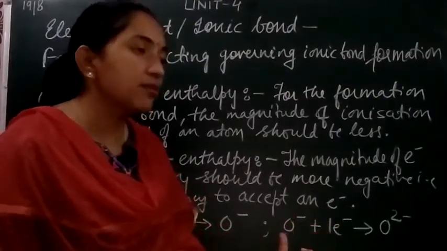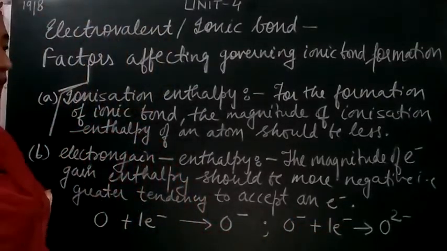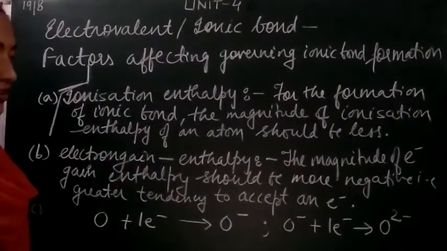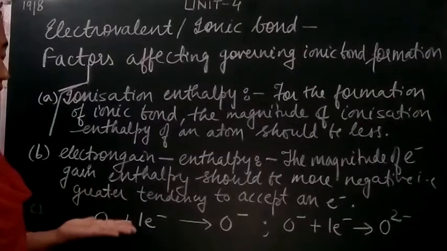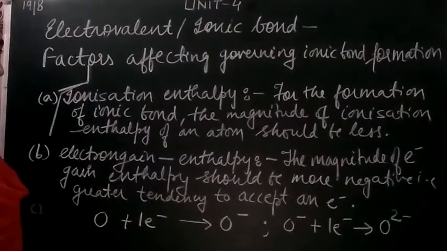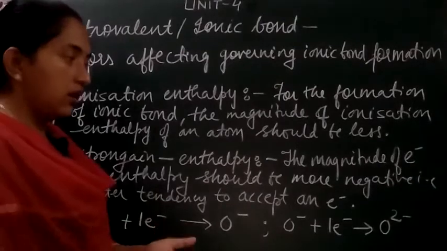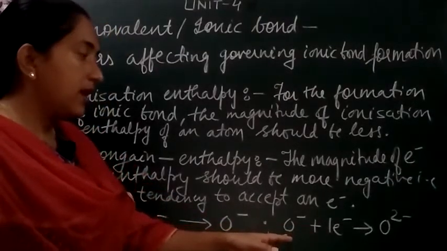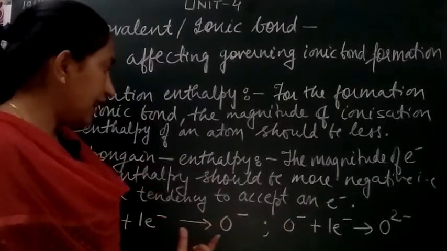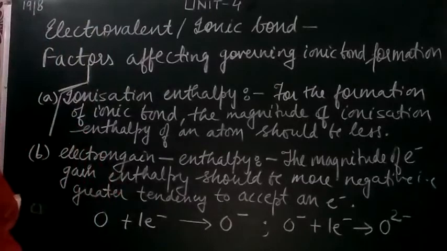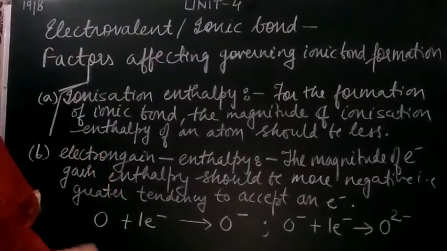there will be repulsion between these two. As a result, there will be lesser tendency to accept that electron by the anion. So energy will be required to get this electron added. But finally, when we add the first and second electron gain enthalpy, we get a negative sign for the oxide ion formation.